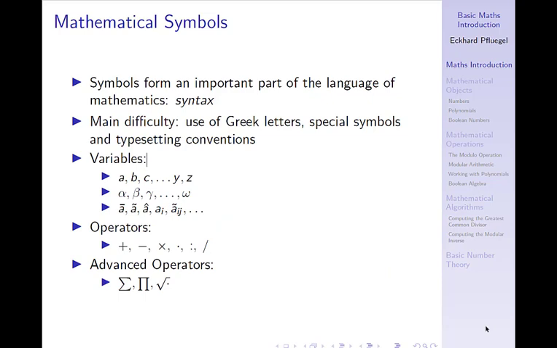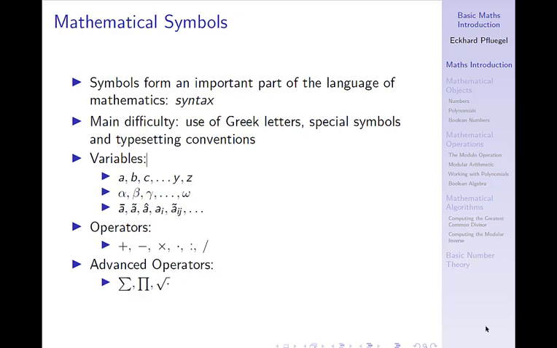Now let's talk about mathematical symbols. Symbols are basically part of the syntax of maths. So that's one really important part of the language of mathematics. And syntax means the kind of rules that you have to use in order to form valid math expressions.